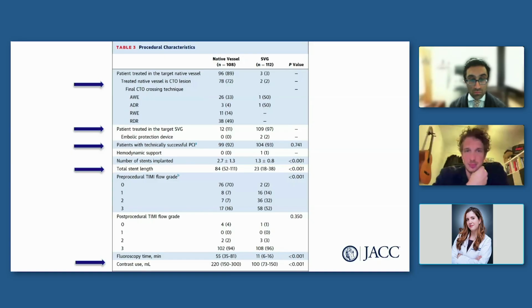Increased stent length is correlated with failure of intervention or the need to revascularize. So that is one aspect that could be driving the endpoints that we're seeing. And then one of the secondary endpoints that were looked at was renal failure. And so contrast use and the amount of contrast use was certainly different in both groups. Unsurprisingly, more contrast was used in the native vessel PCI group.